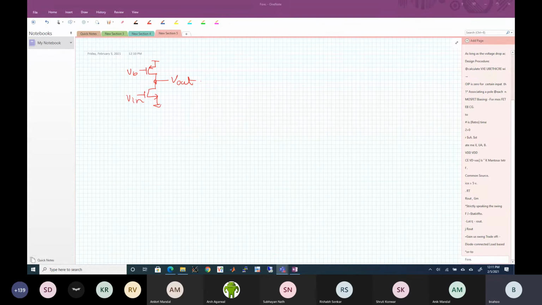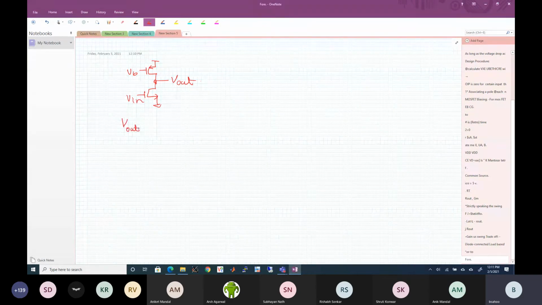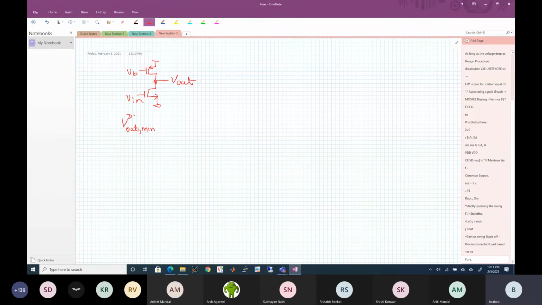Okay, so V out min DC is equal to V effective of M1, V out max DC equal to VDD minus V effective of M2, but M2 is a PMOS, so V effective M2 will be a negative number, so I'll put an absolute value.